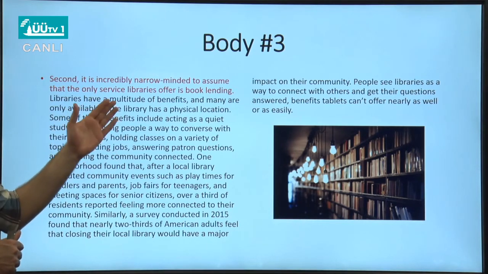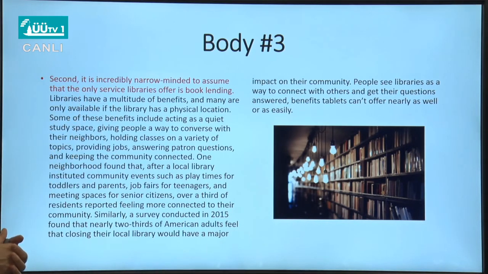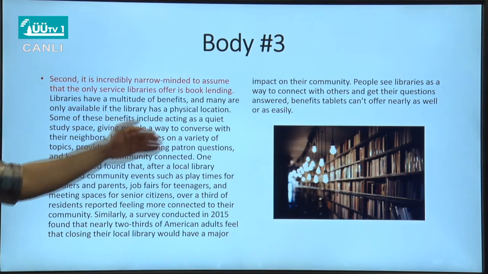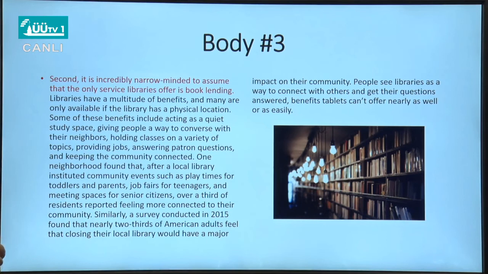Multitude means a number of benefits, and many are only available if the library has a physical location. Some of these benefits include acting as a quiet study space, giving people a way to converse, which means to talk, to have a conversation with their neighbors, holding classes on a variety of topics, providing jobs, answering patron questions, and keeping the community connected.